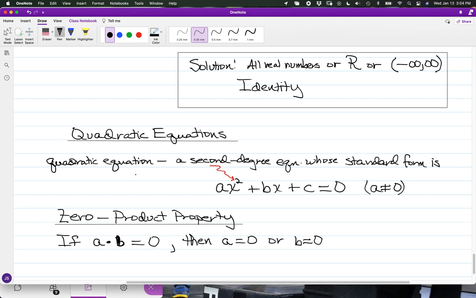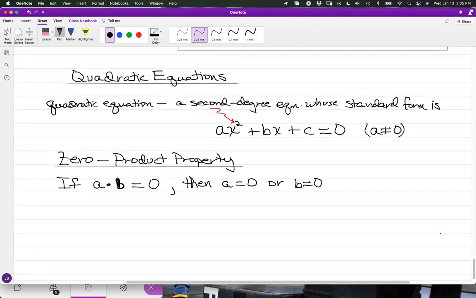And in terms of the quadratic equations, what does this have to do with the quadratic equation? We can take an example here in solving for x.